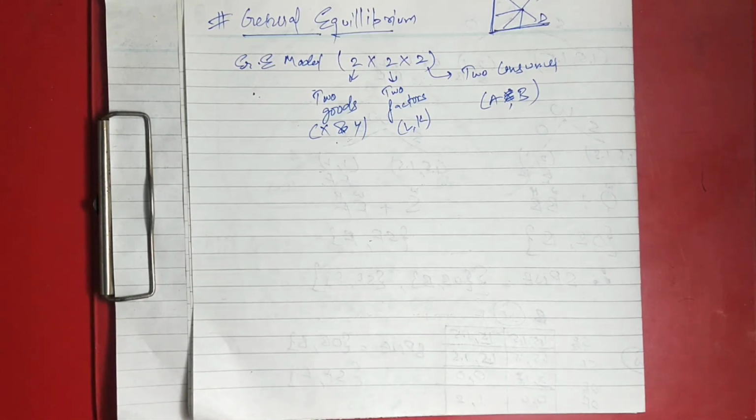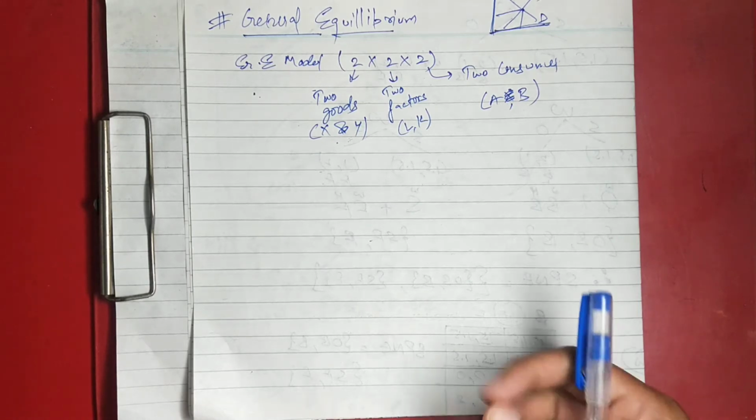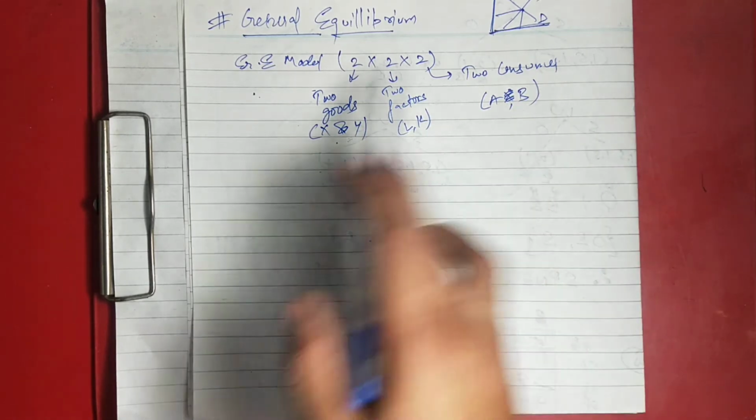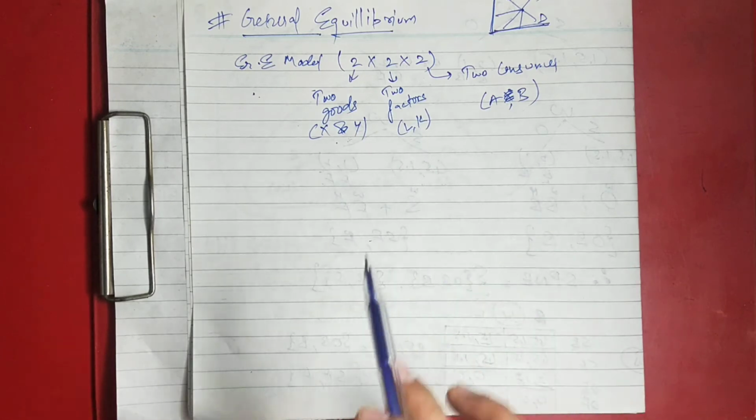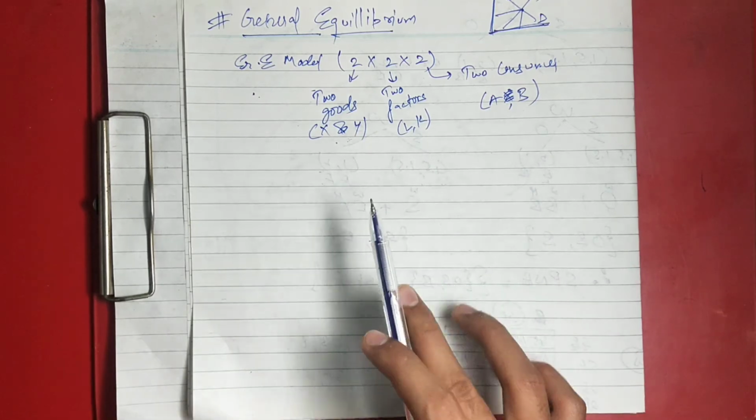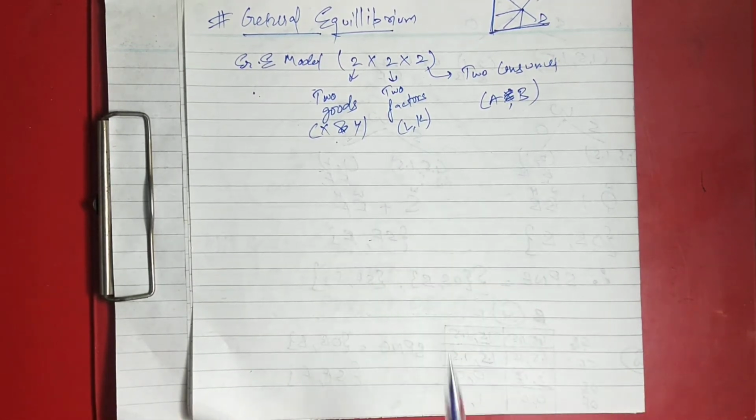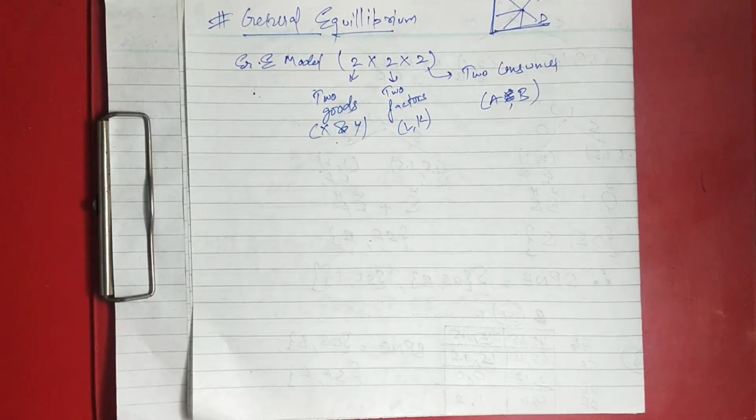So general equilibrium is more comprehensive as compared to partial equilibrium, as the interrelationship amongst markets is explicitly taken into account. Obviously it's a comprehensive model because we take all the markets into consideration, but earlier we were using the assumption of ceteris paribus, which is keeping all other factors constant.